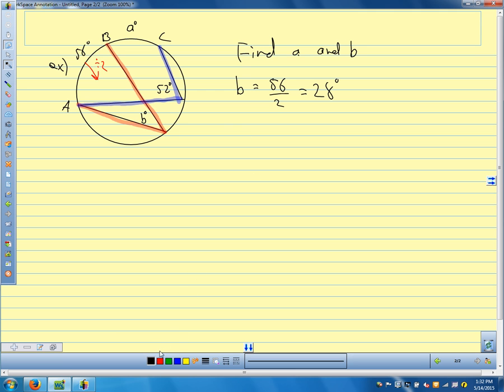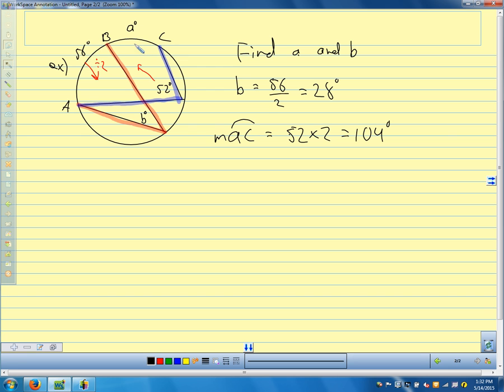Yeah, multiply by 2 to get to the arc. So the measure of arc AC is 52 times 2, which is 104 degrees. So if this whole thing is 104 and this piece is 56, how do we find this missing part?